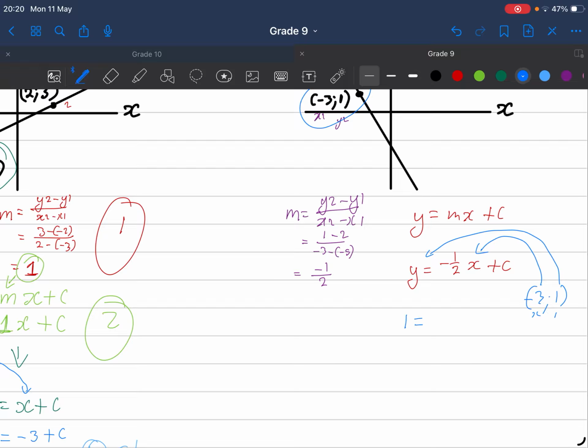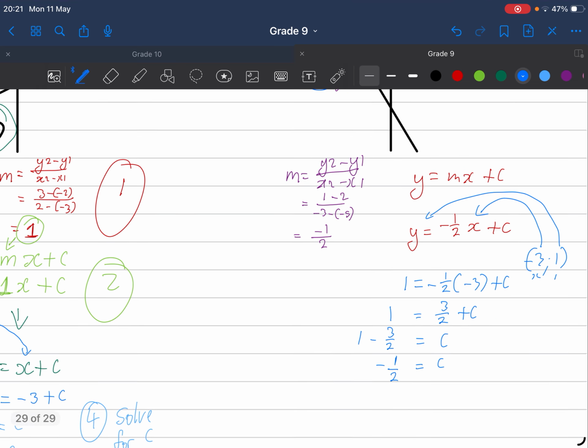So 1 is equal to negative 1 over 2 into negative 3 plus c. So 1 is equal to 3 over 2 plus c. c is equal to 1 minus 3 over 2, which is minus 1 over 2.